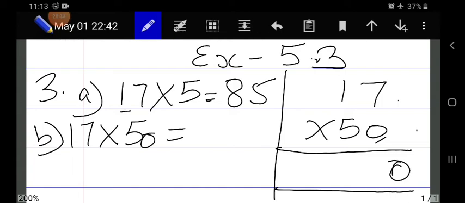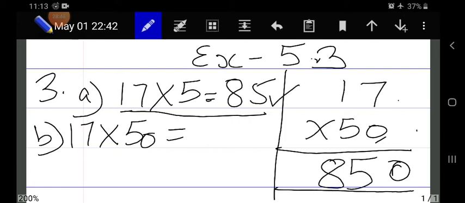As you can see, 17 with 5 is 85. So the answer is 850. Only the 0 came, that's why the answer changed, otherwise the whole solution is the same. Okay, moving to the next part.